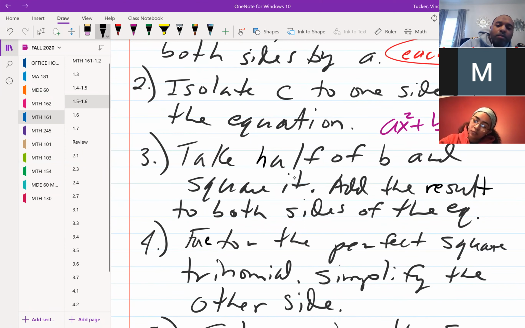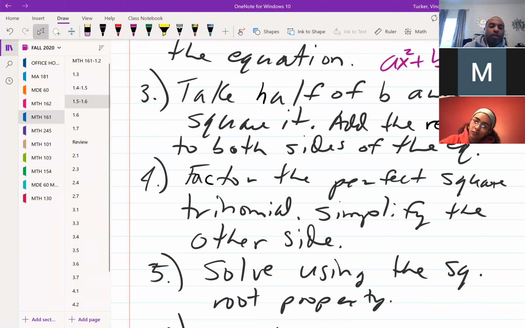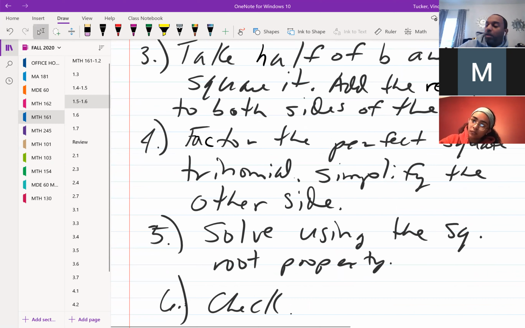Step 4, we're going to factor the perfect square trinomial and then simplify the other side. Step 5, solve using the square root property. And step 6, or the final step, is always to check if you desire to do so.